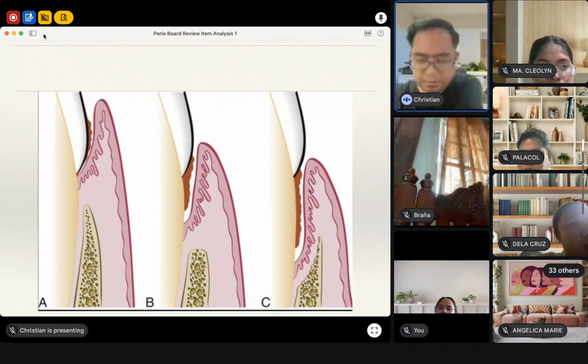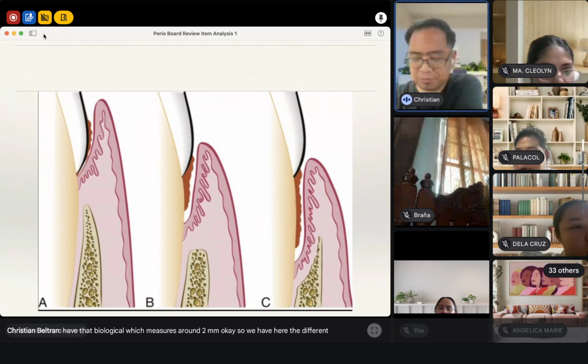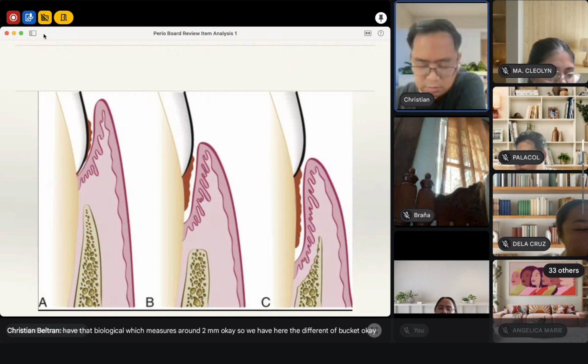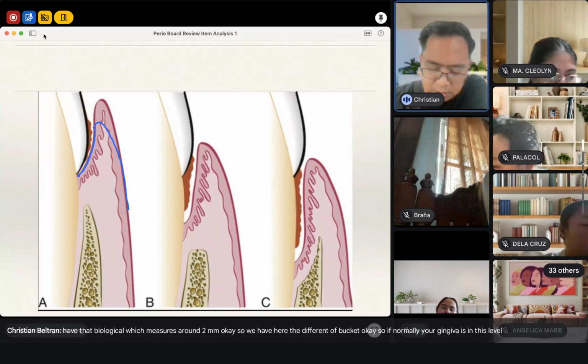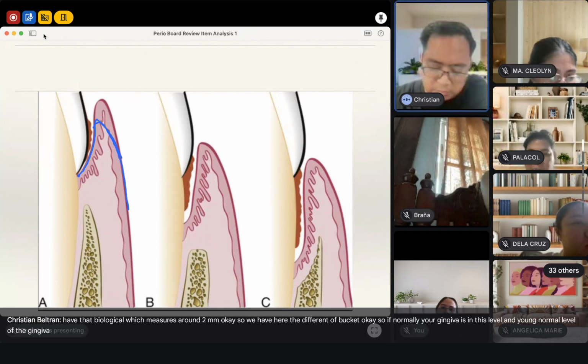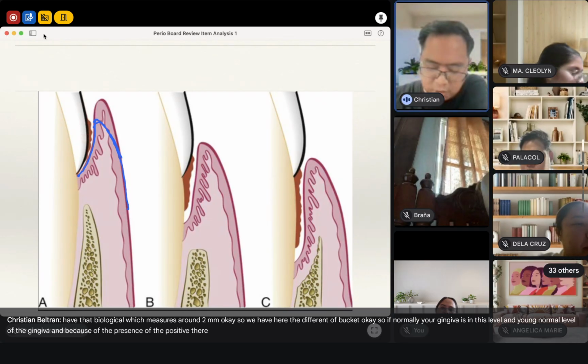So we have here the different types of pocket. Okay? So if normally your gingiva is in this level, the normal level of the gingiva, and because of the presence of deposits there, your gingiva now became inflamed. What happened now?